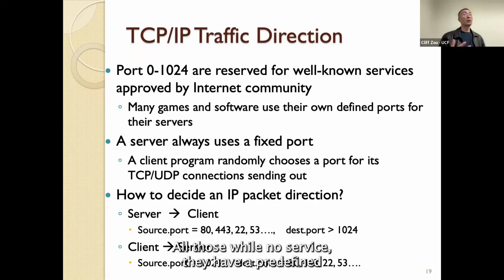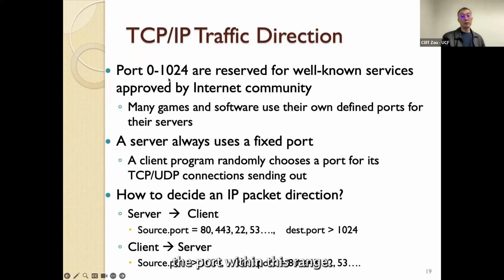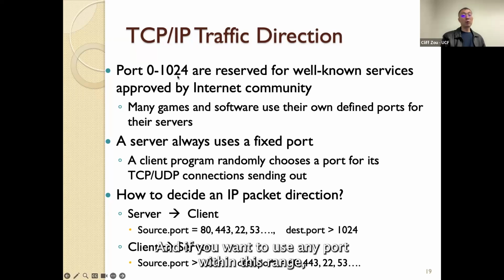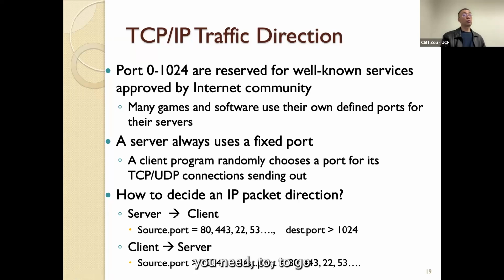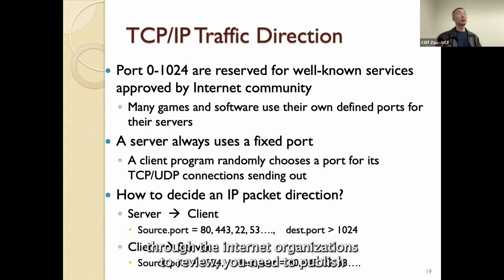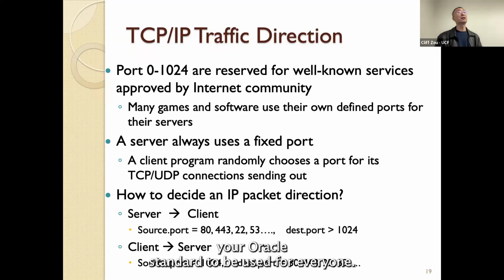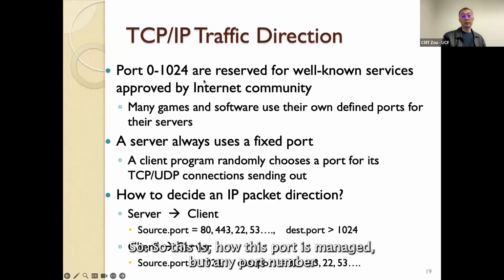Those well-known services have a predefined port within this range. If you want to use any port within this range, you need to go through the Internet Organization's review, and you need to publish your protocol standard to be used by everyone. So this is how these ports are managed.